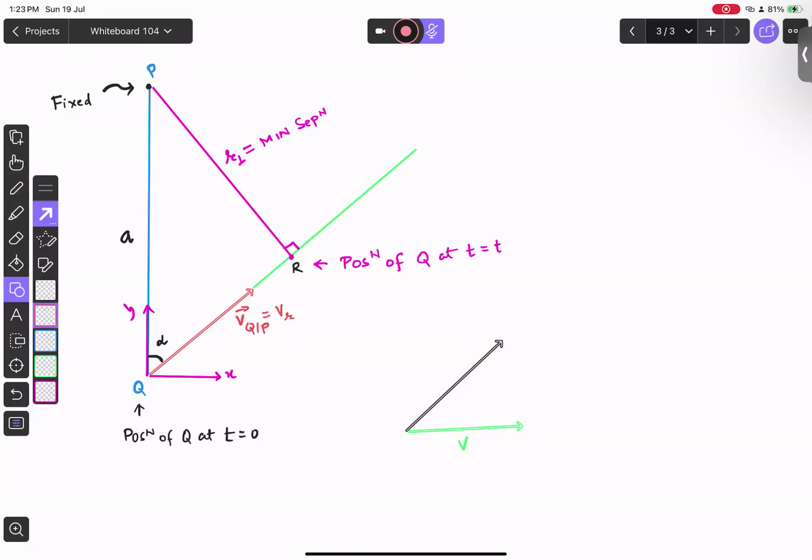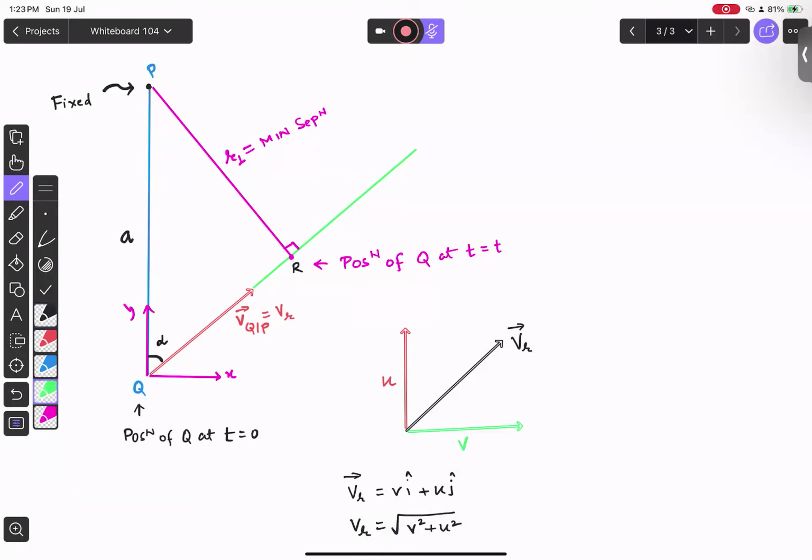It has a component along the x direction, which is given as V, that green arrow, and a component along the y direction, which is U. And this is our vector VR. So totally we can write VR vector as V i cap plus U j cap. The length of this VR vector is root over V square plus U square.